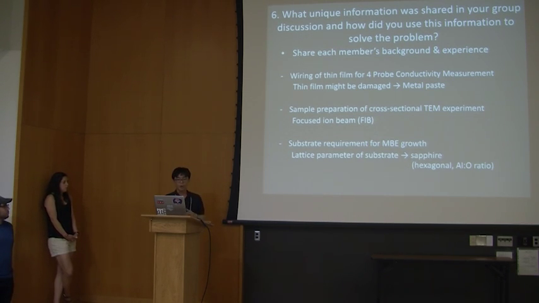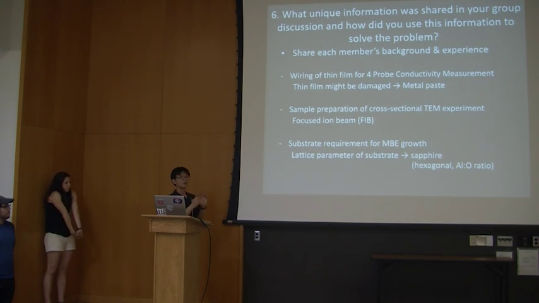The last thing is, for the substrate, the choice is really important. And then we associate the crystallographic information. Sapphire has a hexagonal unit cell, which is exactly the same as the crystal structure of the material that we were going to grow.